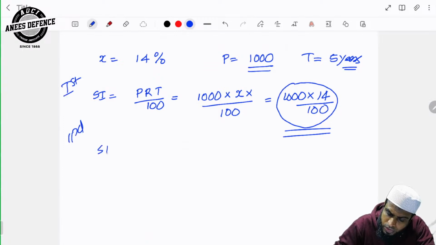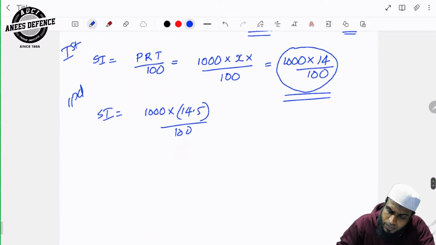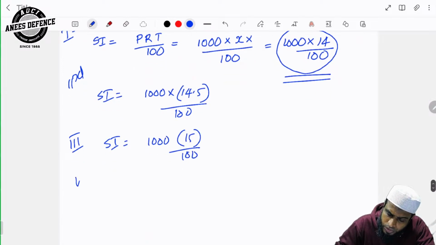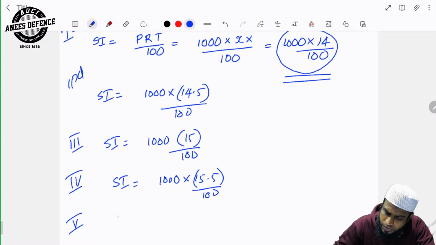Second year the simple interest will be 1000 into 14.5 by 100. Third year simple interest will be 1000 into 15 by 100. Fourth year simple interest will be 1000 into 15.5 by 100. Fifth year simple interest will be 1000 into 16 by 100.